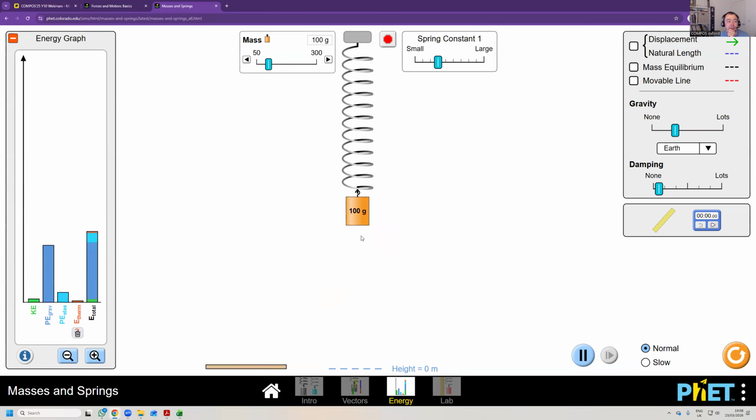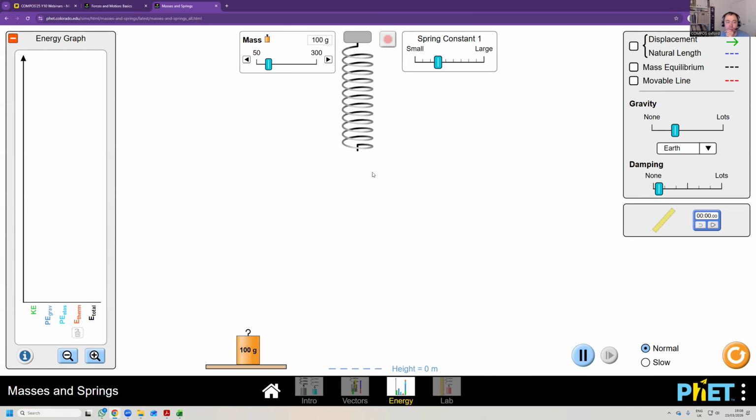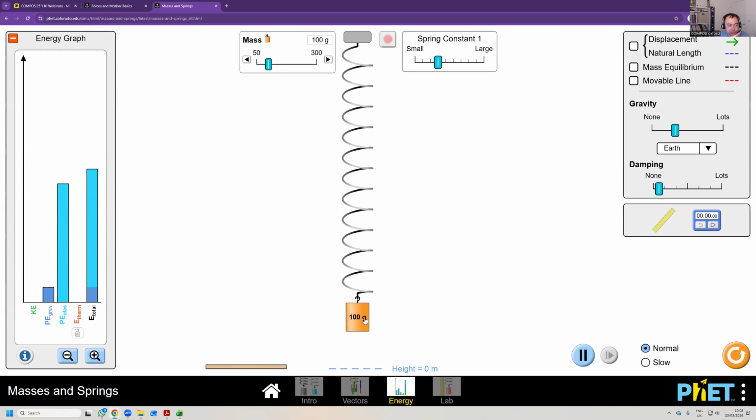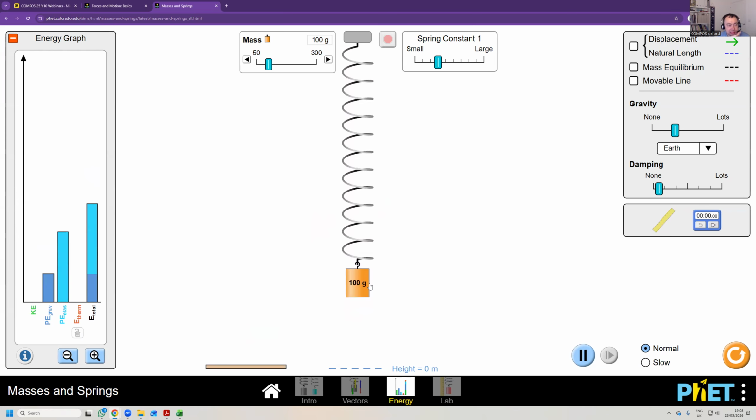If I take a spring and I pull it, you can see that I have elastic energy and gravitational energy.